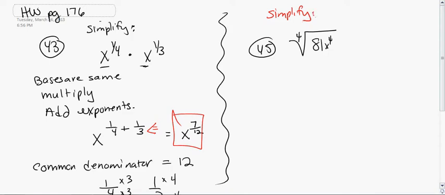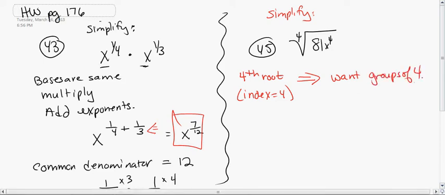And when I'm taking the 4th root of something, what I'm really doing is looking for groups of 4. So if I'm looking for the 4th root, or some people would say the index is 4, that means that I want groups of 4.